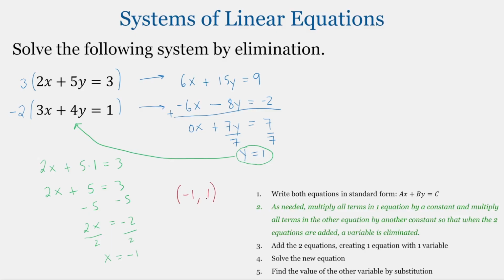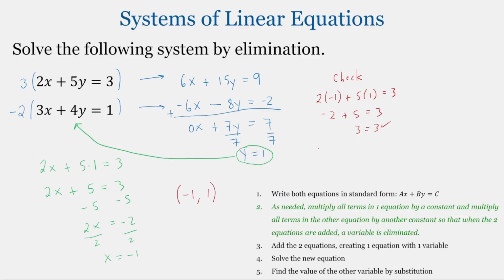Let's go ahead and check our answer by plugging these values into both equations. For the first equation, we have 2 times negative 1 plus 5 times 1 equal to 3. Negative 2 plus 5 equal to 3. This is 3 equal to 3. That's a true statement.